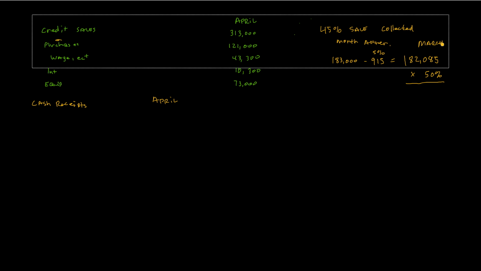So if I take that 182,085, that means that 91,040, round it and say 43, will be collected in March.